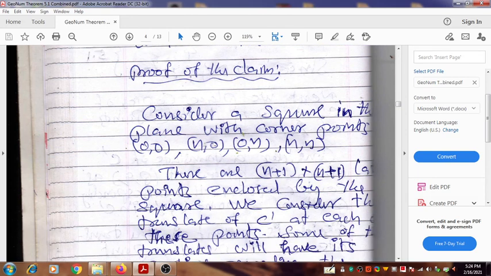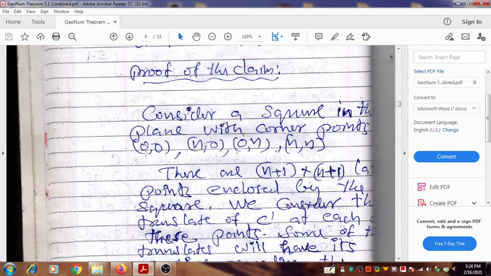The proof is a little bit lengthy, so for that we consider a square in the plane with the corner points 0, 0, n 0, 0 n, and n n, where n is some suitable positive integer.